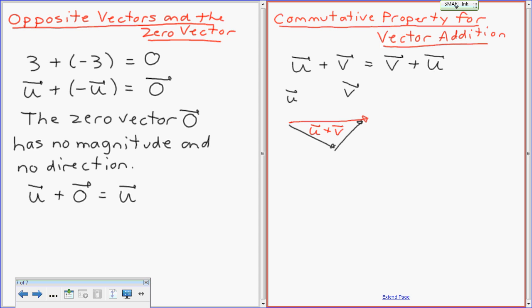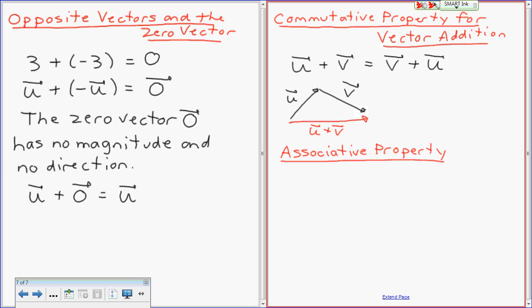Let's control Z those back. Okay. Finally, we're going to say the associative property. We're going to say that U plus V plus W, that means basically the vectors can be added in any order.